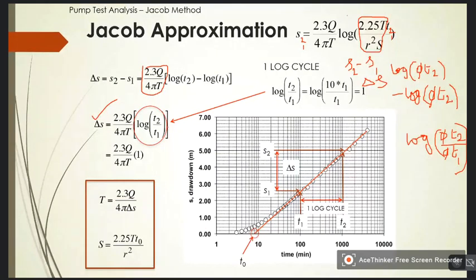Now you substitute delta S here. Q is known. Log T2 by T1 is 1, because it is one cycle apart. So delta S is equal to this.